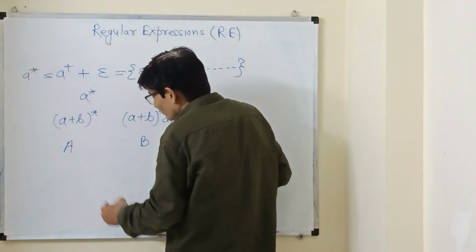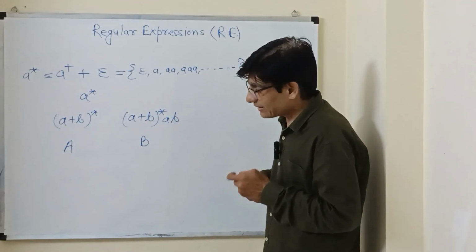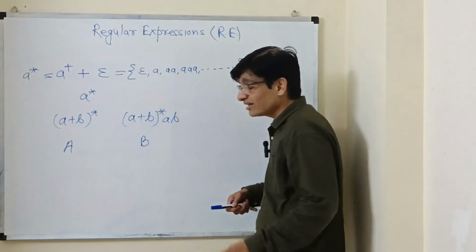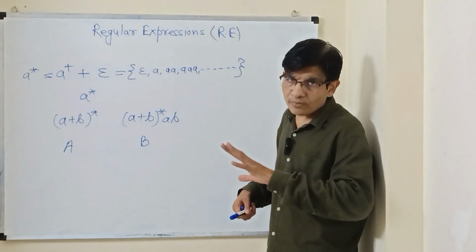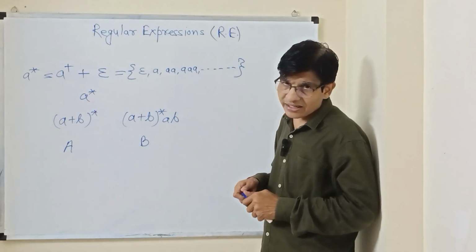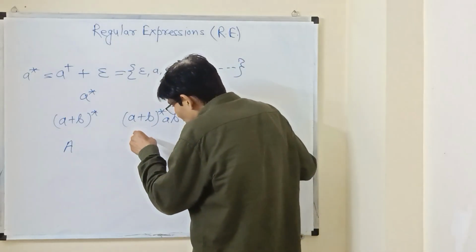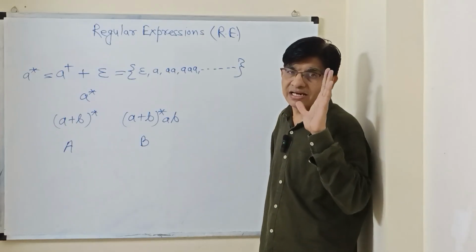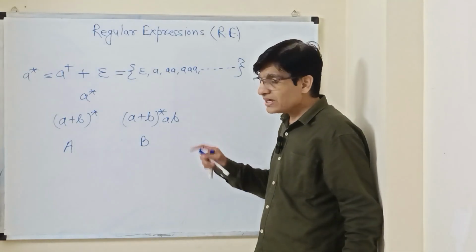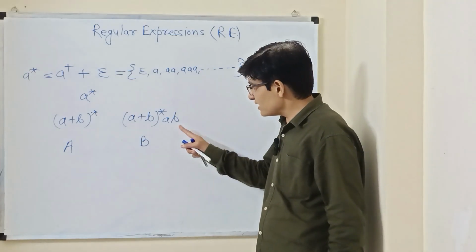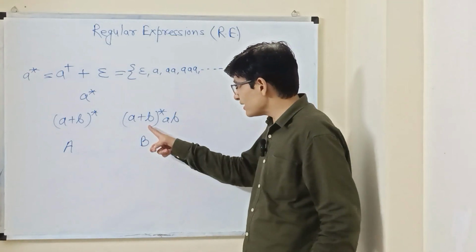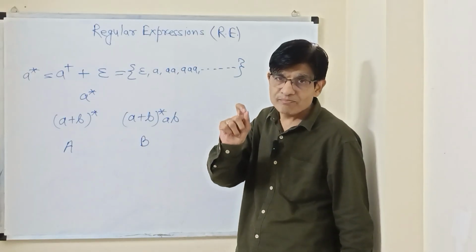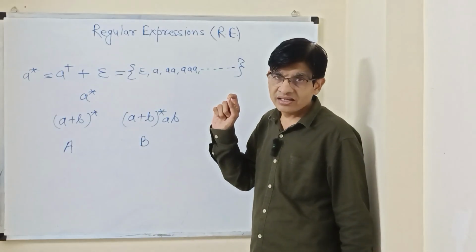This is also representing one set. Regular expression A is representing the set of all possible combinations of A and B, and regular expression B is representing the set of all possible combinations of A and B ending with AB. That means here we have applied a condition that a string of A and B must end with AB.